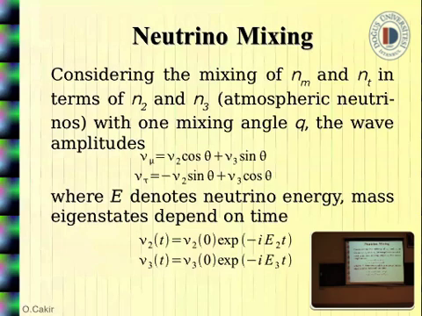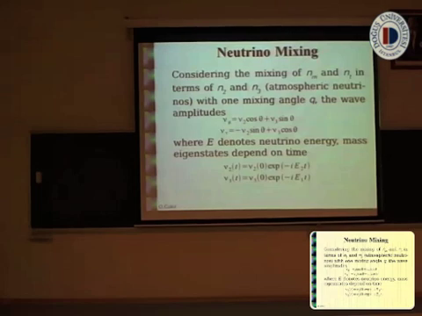For example, considering only atmospheric neutrinos, nu mu and nu tau, there will be a mixture of them, nu 2 and nu 3, and they will have a time dependency in the exponential form.